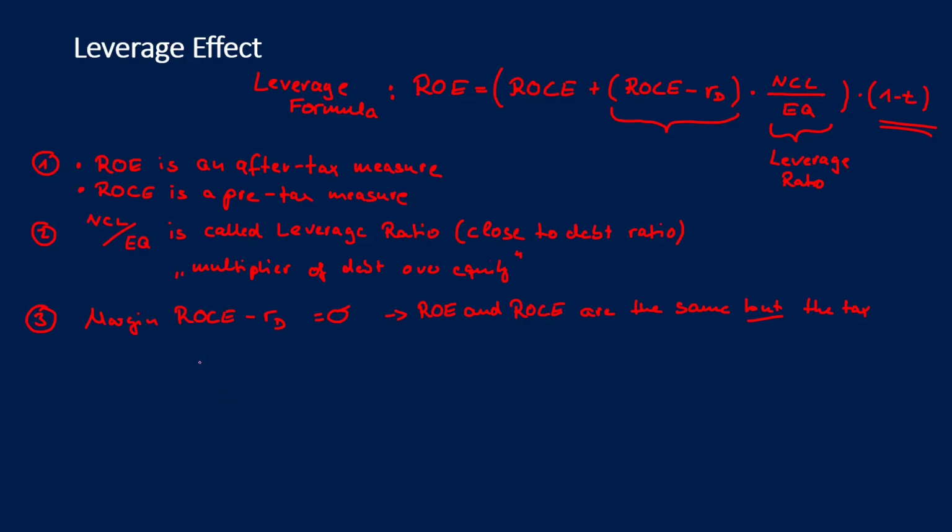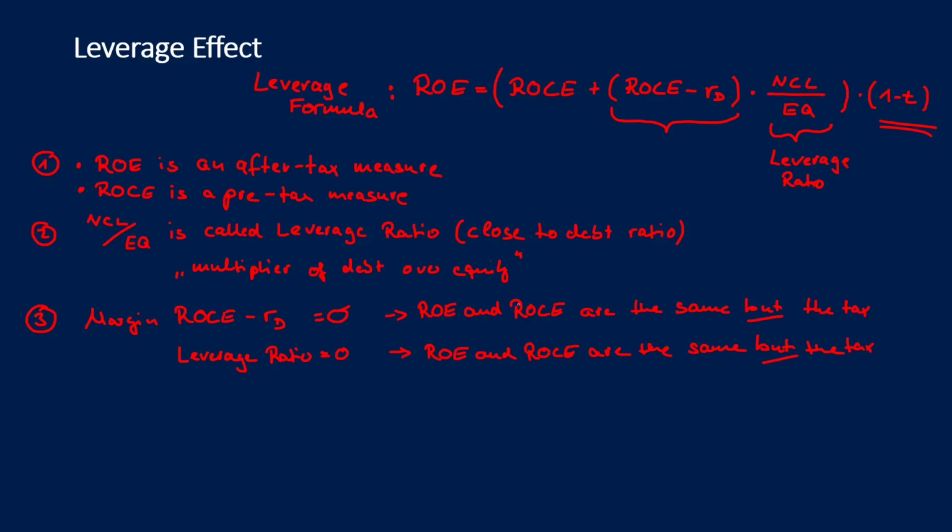The same is of course true if our leverage ratio is 0. If our leverage ratio is 0, then again, return on equity and rho C are the same, but the tax.